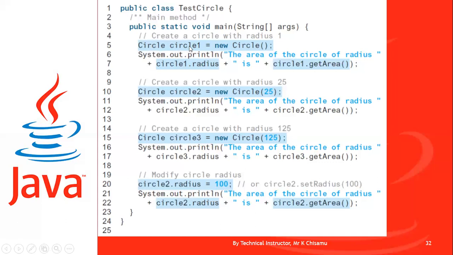So because this variable's data type is the name of a class, we say this variable ceases to be a normal variable. It now becomes an object. Why? Because the data type is a class name.